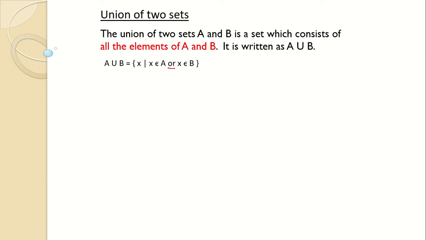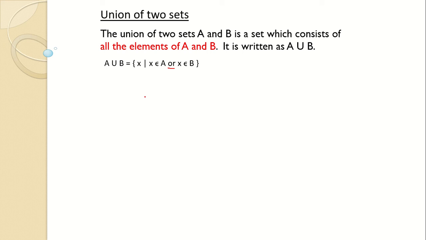There we have seen the keyword and. If element X has to belong to A union B, that means the element may be in A or it may be in B. It is not necessary that it has to be in both, because A union B means both the set A and set B together.